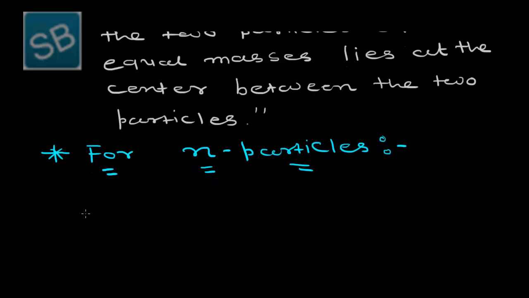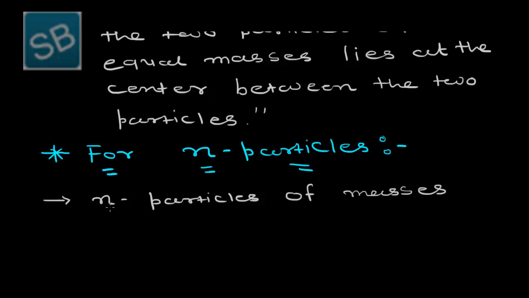So here my particles are of the mass m1, m2 up to so and so mn, which are lying on x-axis as similar to this figure.